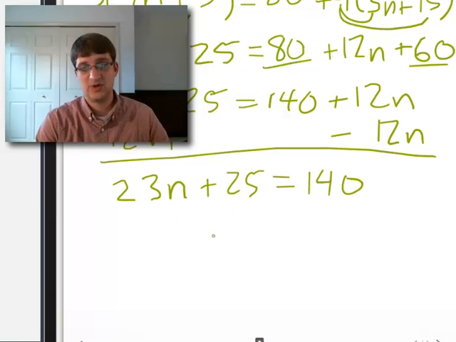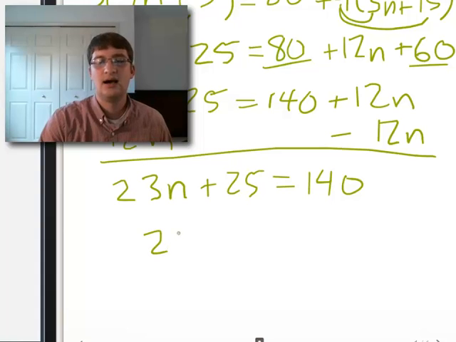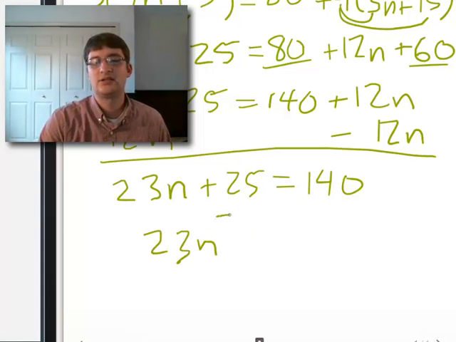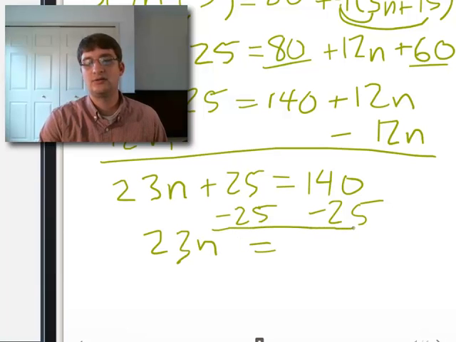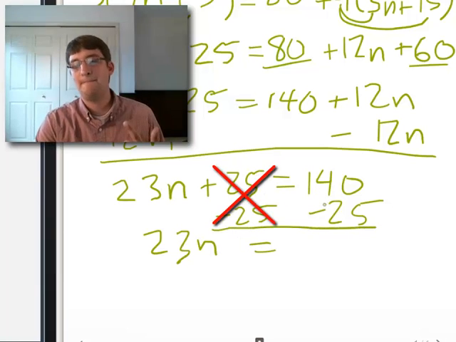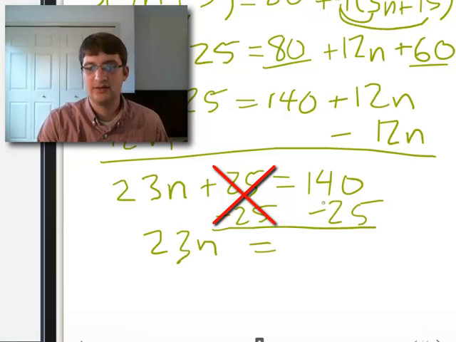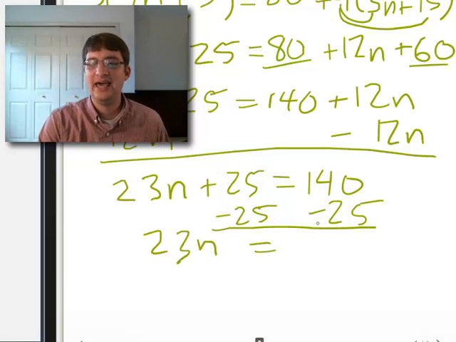Okay, now I got to subtract 25 from both sides. So let's go ahead and write what we have here. So I'm going to subtract 25, and I'm going to get 23n equals whatever 140 minus 25 is, okay? So quickly doing that in my head, I think it is 115, all right?